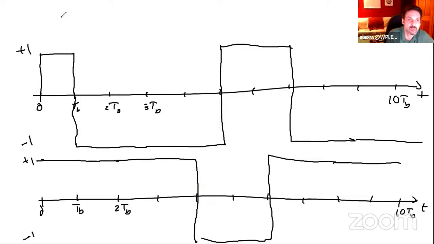So let's say we take a pulse shape, and it's going to be equal to, yeah, a unit step, so it goes up, and then we subtract off of it, yeah, 2 TB. Okay, so that gives you a square pulse. Okay, cool beans.